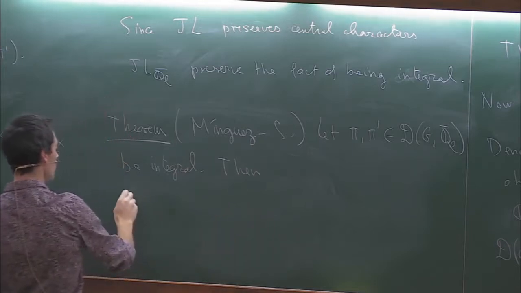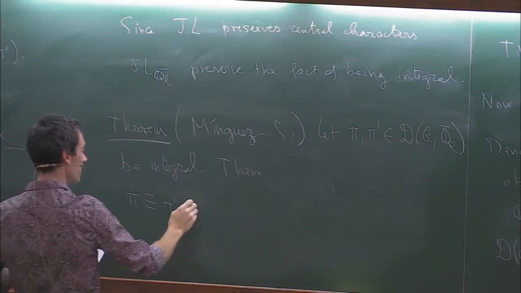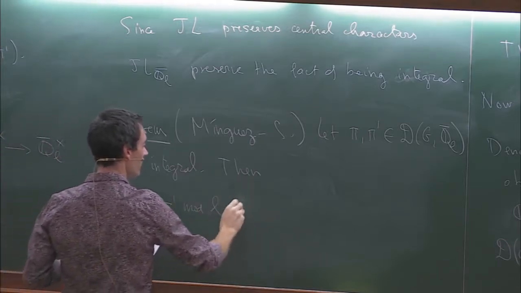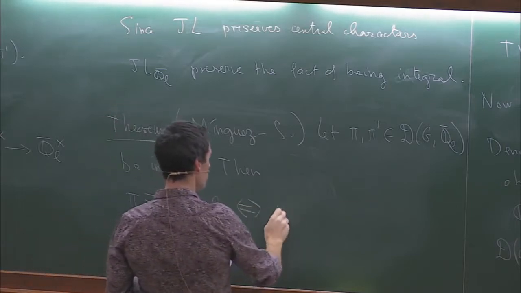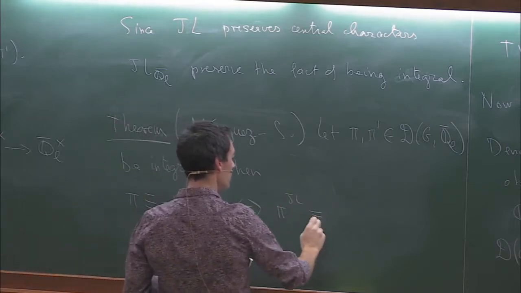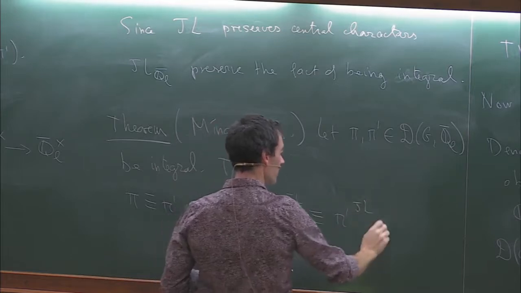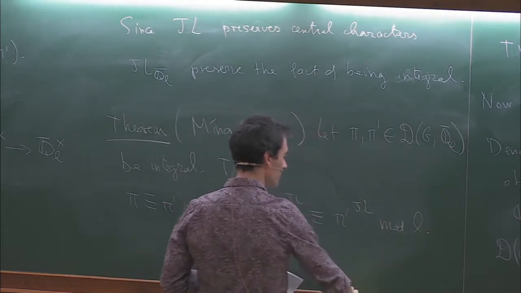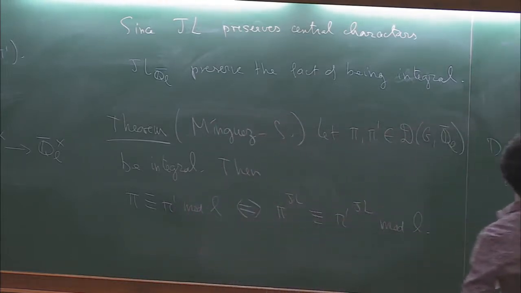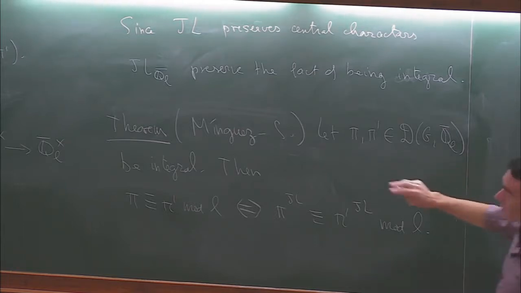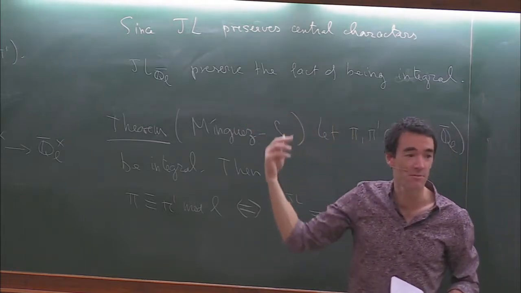Then they are congruent mod L if and only if their Jacquet-Langlands transfers are congruent mod L. First notice that the statement makes sense because we know that the Jacquet-Langlands correspondence preserves the fact of being integral.